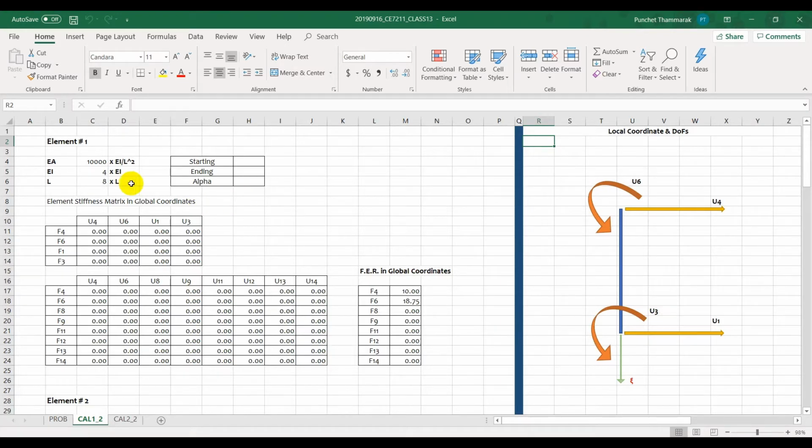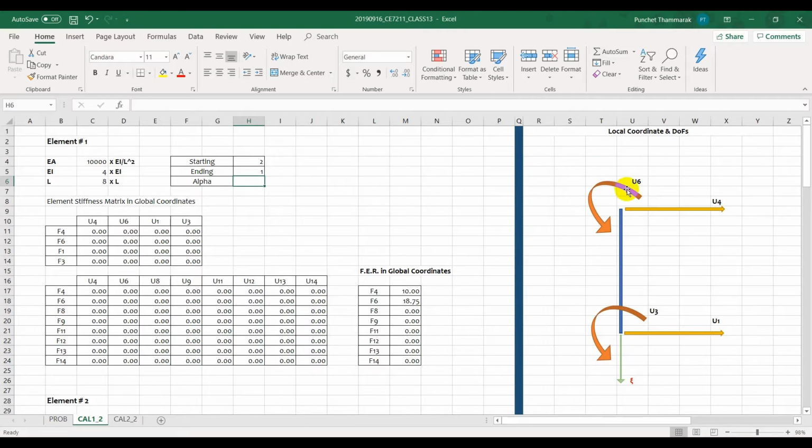For member number 1, I will set the starting node as node number 2, and the ending node at number 1, and that is going to make the local coordinate pointing towards the bottom like this. So I put here number 2 and number 1.